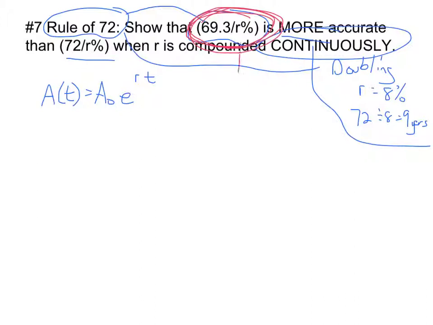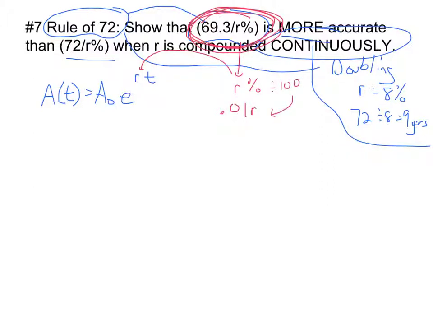But here's the deal. Remember how r here is as a percent? But when you plug it into the formula, r must be as a decimal. Well, whatever r percent was as a decimal, it's 0.01 r. Think about that. That's because when you go from a percent to a decimal, you're actually multiplying by 0.01 or dividing by 100.